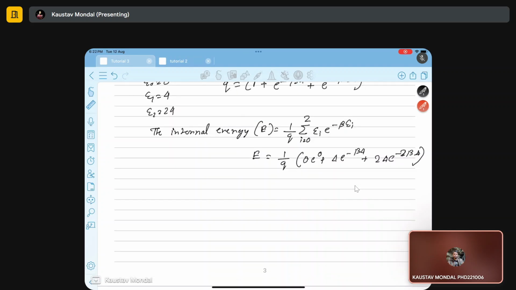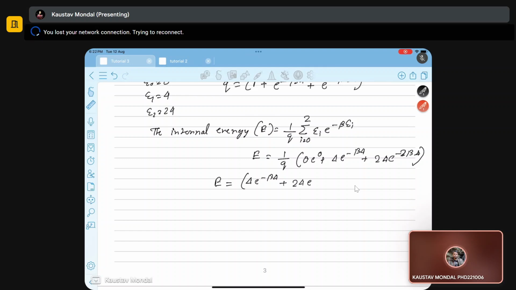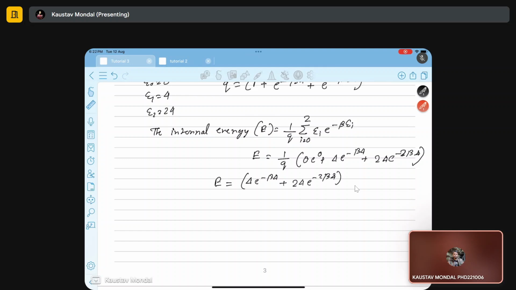Okay. So now from here, we will write delta e to the power minus beta delta plus 2 delta e to the power minus 2 beta delta, by q. Q we already know, right? So q would be 1 plus e to the power minus beta delta plus e to the power minus 2 beta delta.